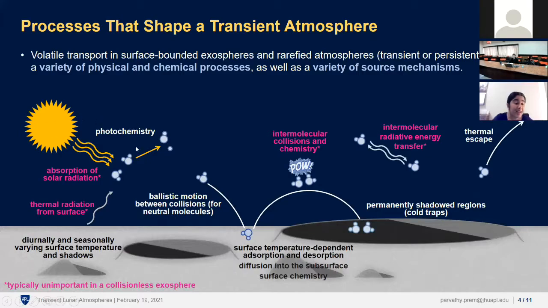The main destroyer of molecules in the lunar exosphere is the sun. Ultraviolet radiation from the sun can break apart molecules. You have photochemistry, photon-driven chemistry, and sometimes molecules can also acquire enough energy, either from a collision with another molecule or with the surface, that they can escape lunar gravity altogether. So those are the two main loss processes.